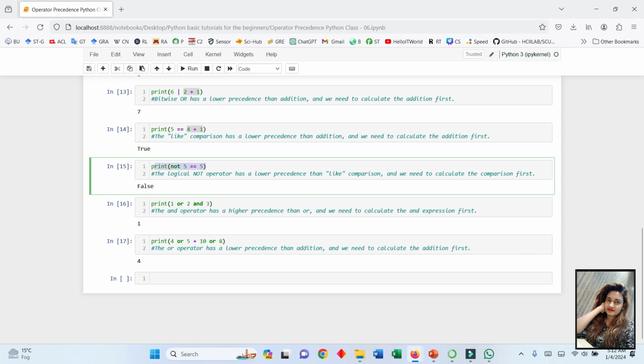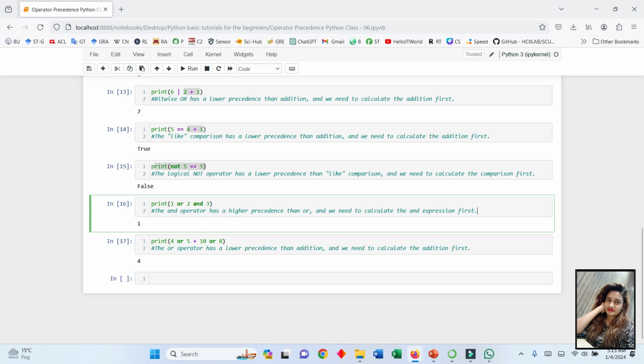This is very important, and sometimes students don't get it very well, so we have to clear the idea of what is actually being talked about. Then the AND operator has a higher precedence than OR, and we need to calculate the first expression.